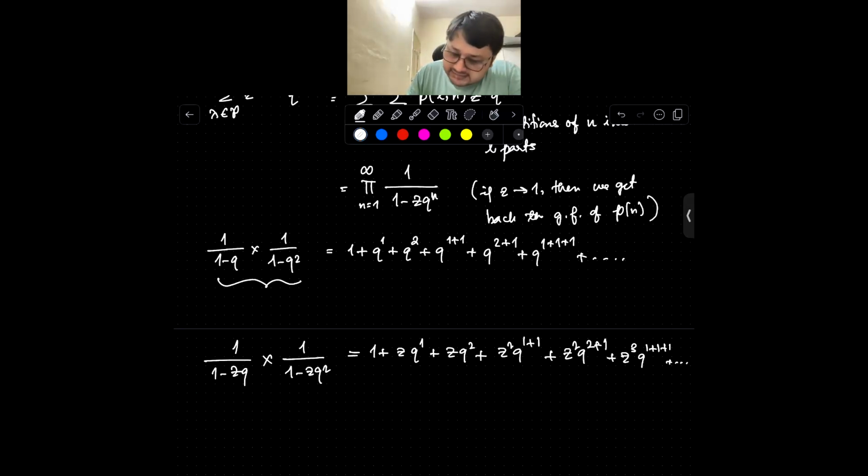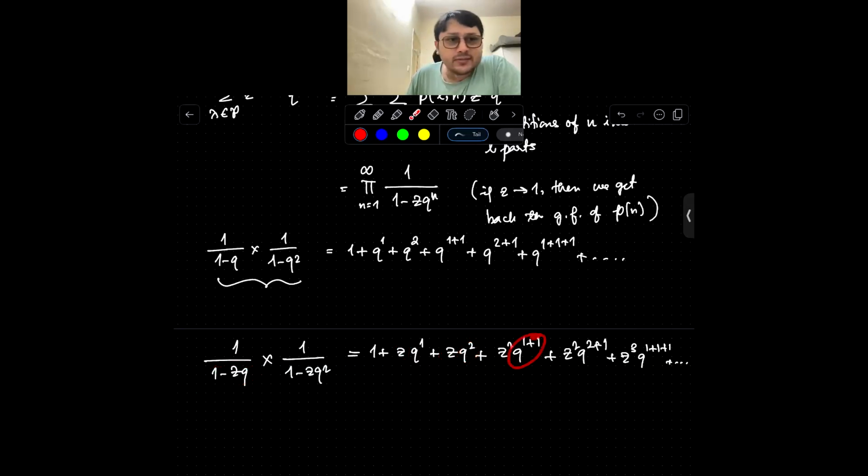So why is this the case? If you think about how this q to the 1 is coming, this is coming when you multiply 1 with q to the 1. Okay, but in this case you have a z multiplied with the q, so you will get a factor of 1z here. Similarly, q square is coming when you are multiplying the 1 with q square, and there is a z in front of the q square, so you get a factor of 1z here.